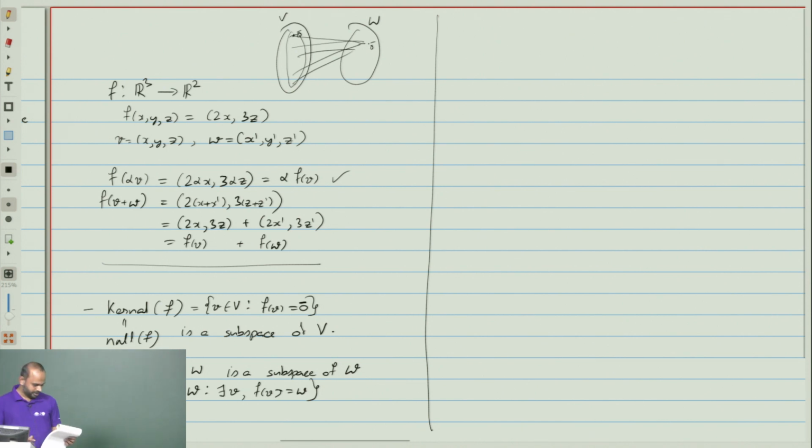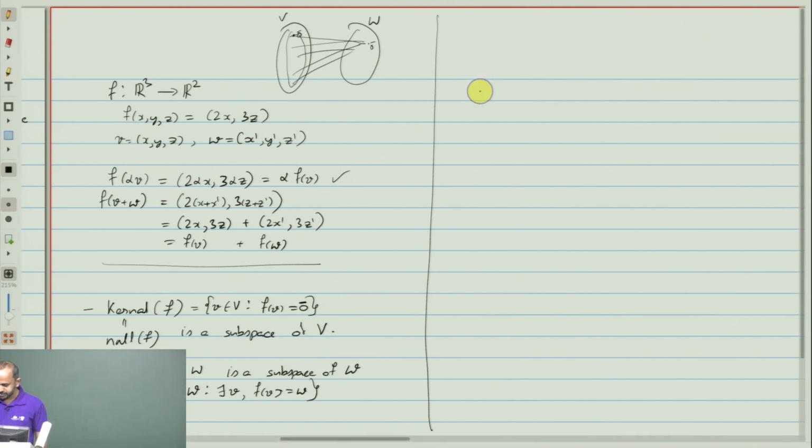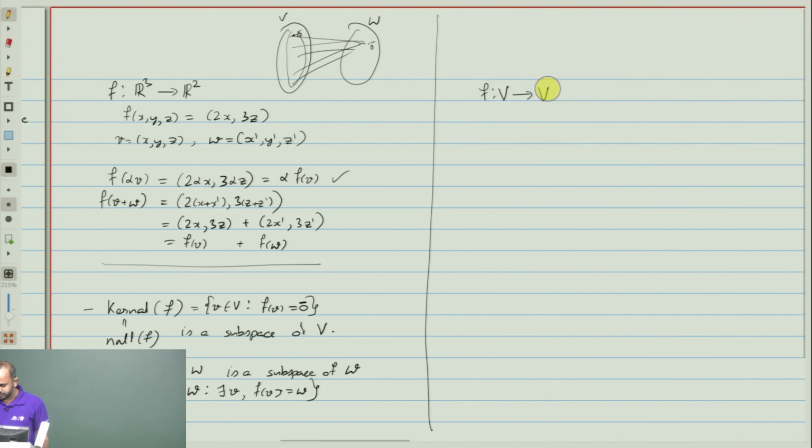Okay. And finally, I stop with one important theorem. Suppose you have a vector space V and you have a linear transformation from the vector space to itself.